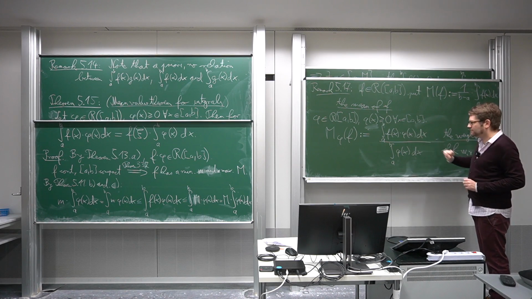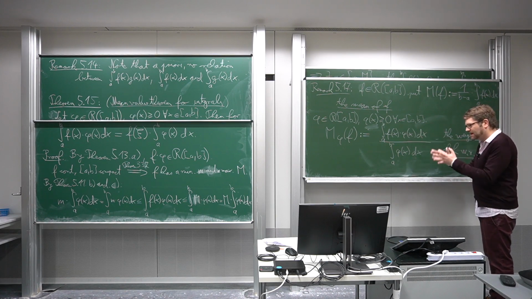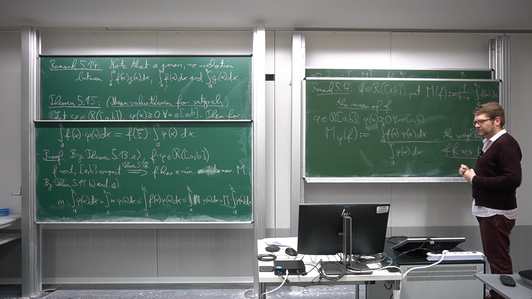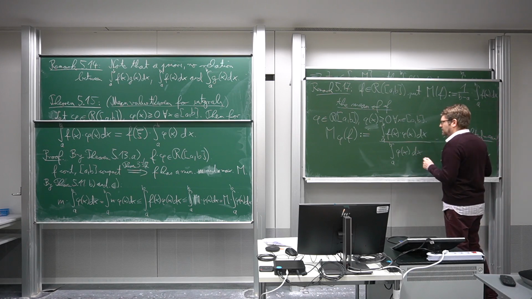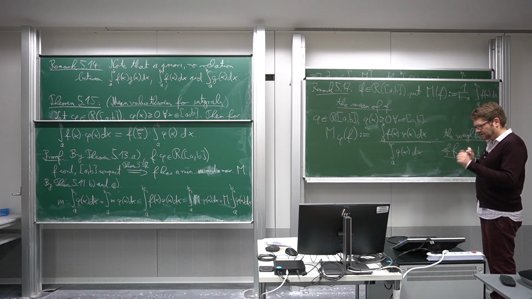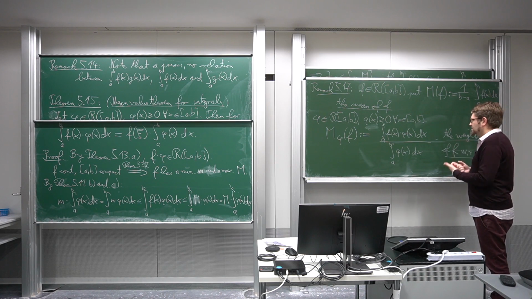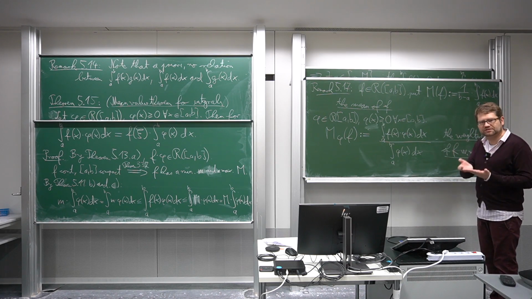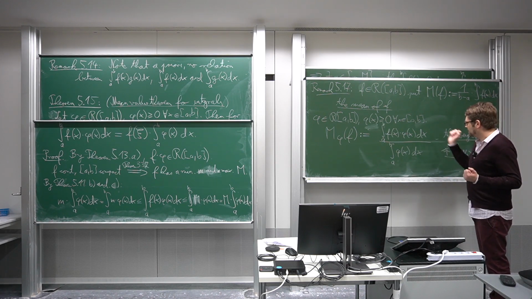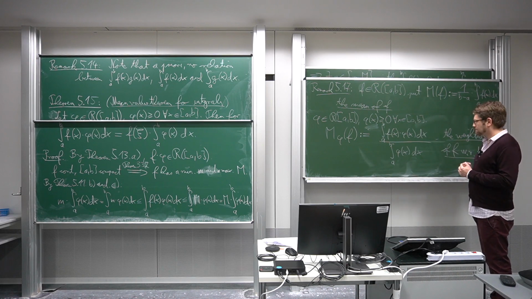So you can use these weight functions to stress a certain part and steer this average. You will probably see this in your course on quantum mechanics at some point. This is the idea of how you can modify these averages by making some parts of the interval more interesting for you, and this is expressed by these functions phi.